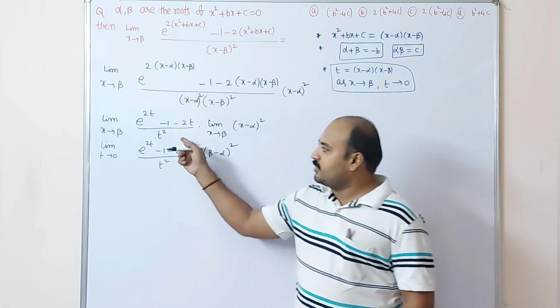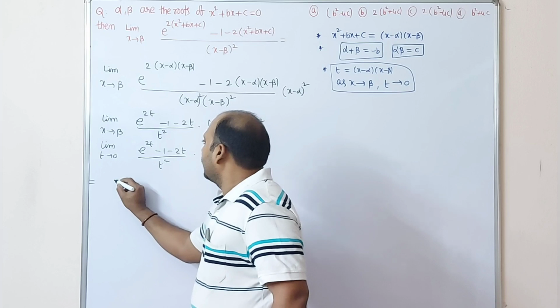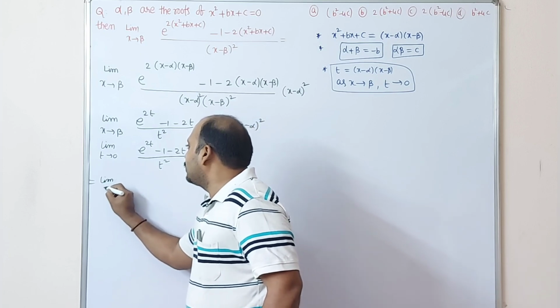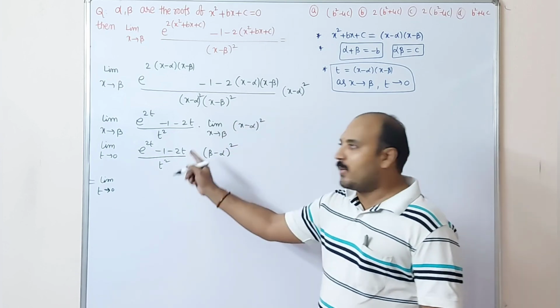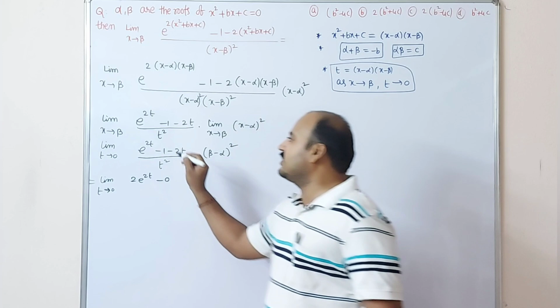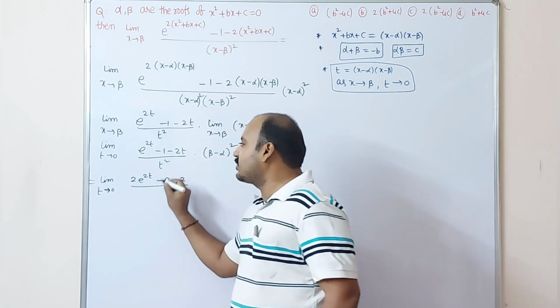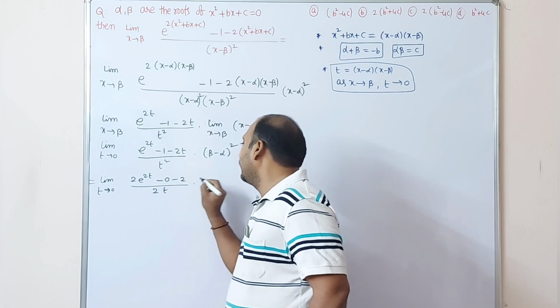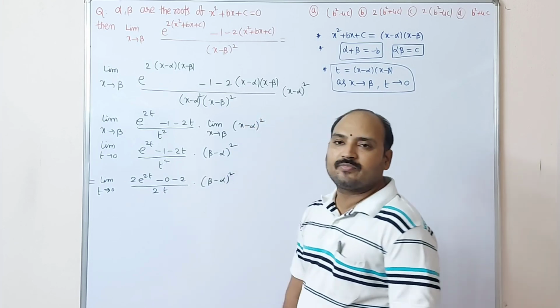Substituting t equal to 0, it is an indeterminate form. So by using L'Hospital rule, limit t tends to 0: the derivative of e power 2t is 2 e power 2t, the derivative of the constant 1 is 0, minus 2t derivative is minus 2, divided by the derivative of t square, which is 2t, into (beta minus alpha) whole square.